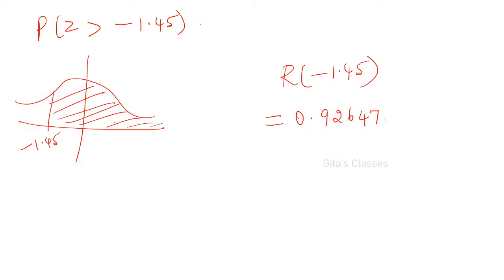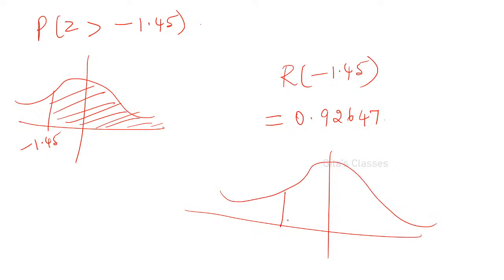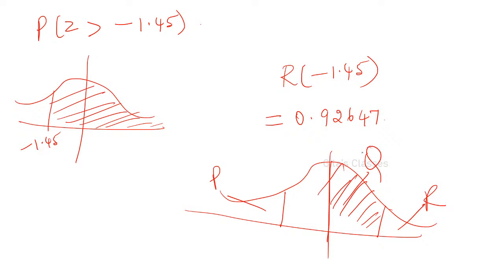So always remember, to the right of means R, to the left of means P, in between means Q. Remember like that. P, Q, R. Q lies between P and R. P starts from minus infinity, and Q is in between, from 0 up to this one only, then R. P to the left, R to the right.